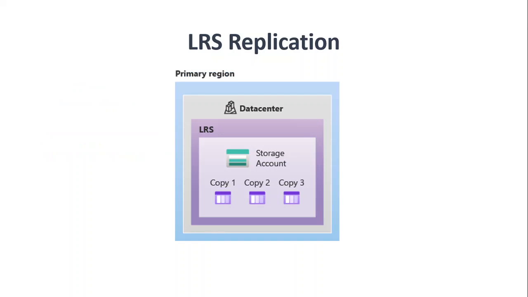Locally redundant storage happens within the same data center. Three copies are created synchronously, so if a disk failure or hardware failure happens, this replication will take care of it. This is recommended for applications which are not critical or anything which we can rebuild very fast. And it provides durability of 11 nines.